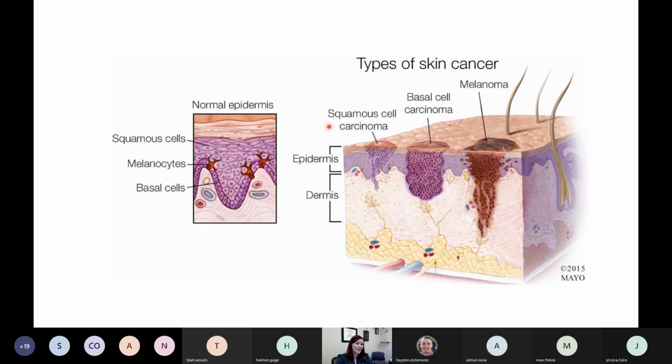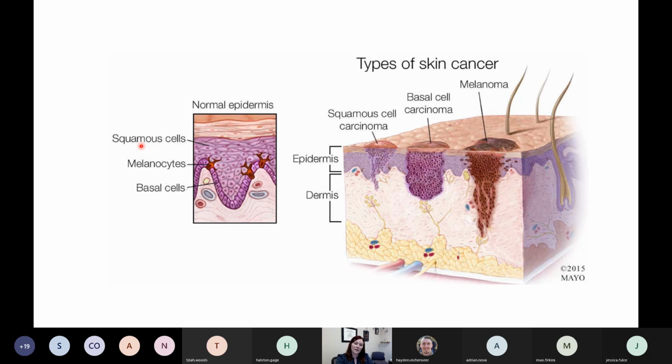When we talk about squamous cell carcinoma, if we look over at my picture here of the epidermis, squamous cell carcinoma is starting in the cells that are here, in the region known as stratum spinosum. So these cells that live here in stratum spinosum are really flat. Squamous is their shape.